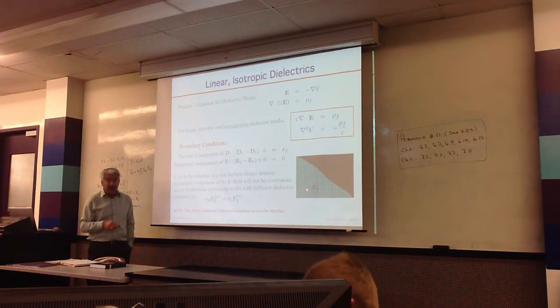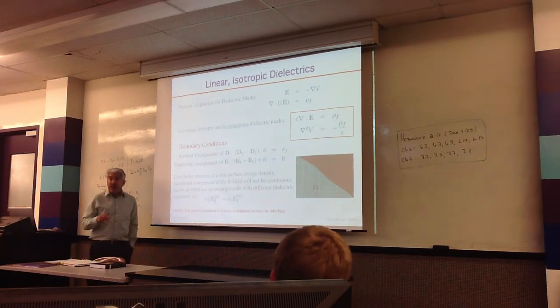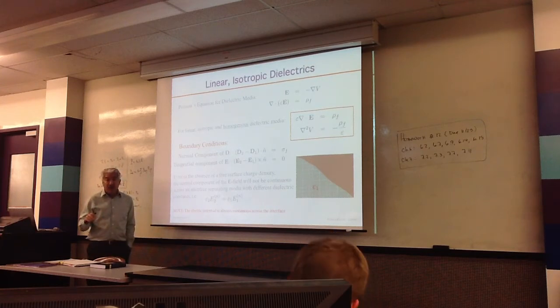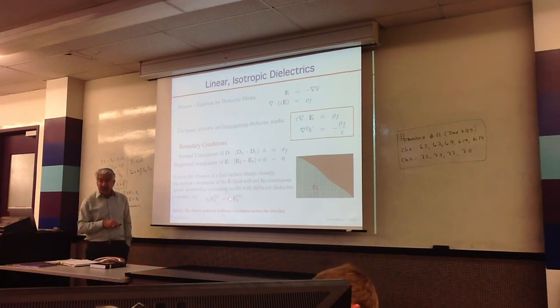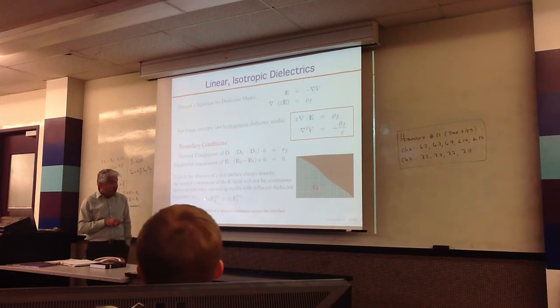Say this is plexiglass, this is air, right? Or this is the water in a pool, and this is the air outside the pool. There are now different epsilons on both sides, and therefore the normal component of electric field will never be continuous because these epsilons are different. So there is no way that this guy is going to be equal to this guy. The product of epsilon 2 times E2 will have to be equal to this one, right?